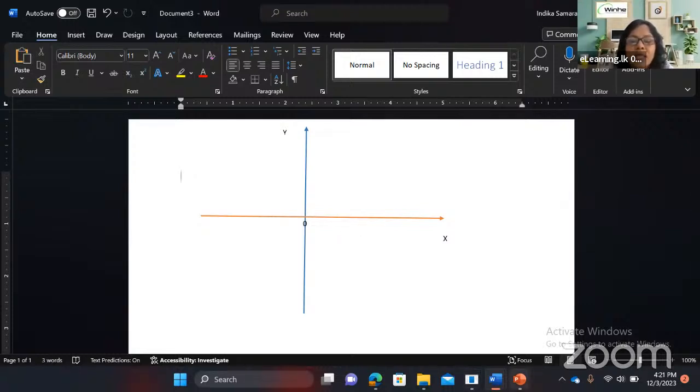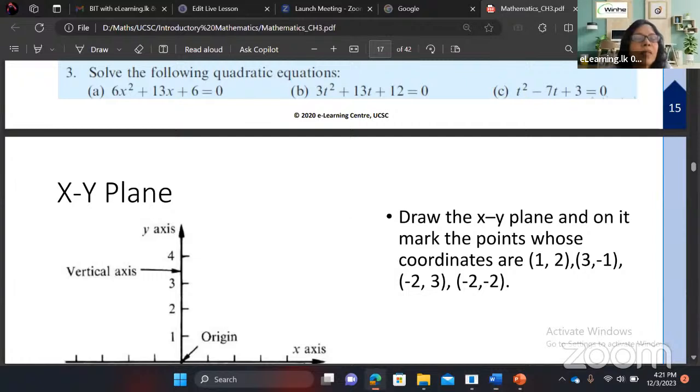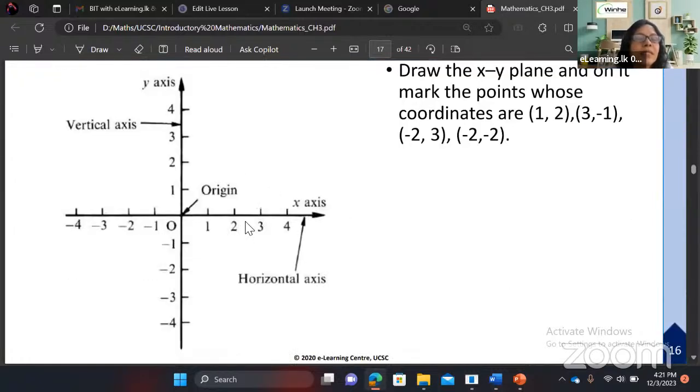So you can see it here also. If you consider this the origin, we represent it using 0. Positive values of the x-axis are represented on the right hand side, and negative values are represented on the left hand side, right?